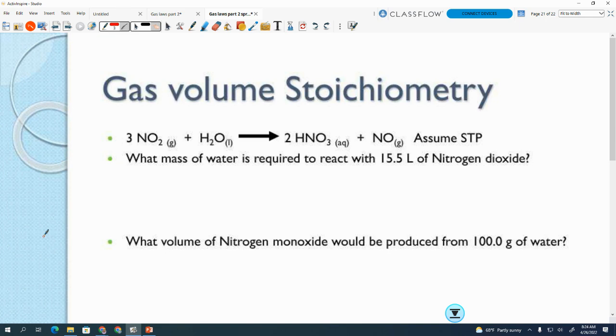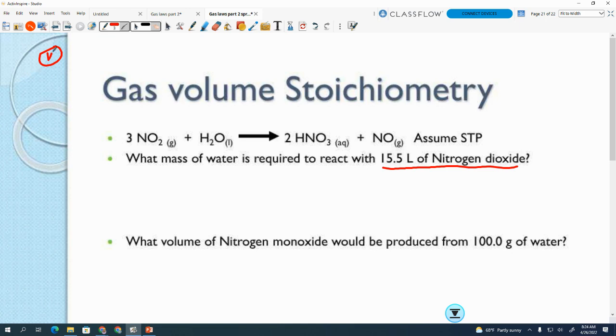So it says, what mass of water is required to react with 15.5 liters of nitrogen gas? So if I go back to my little mole island sheet that I gave y'all, I'm starting over here in volume.